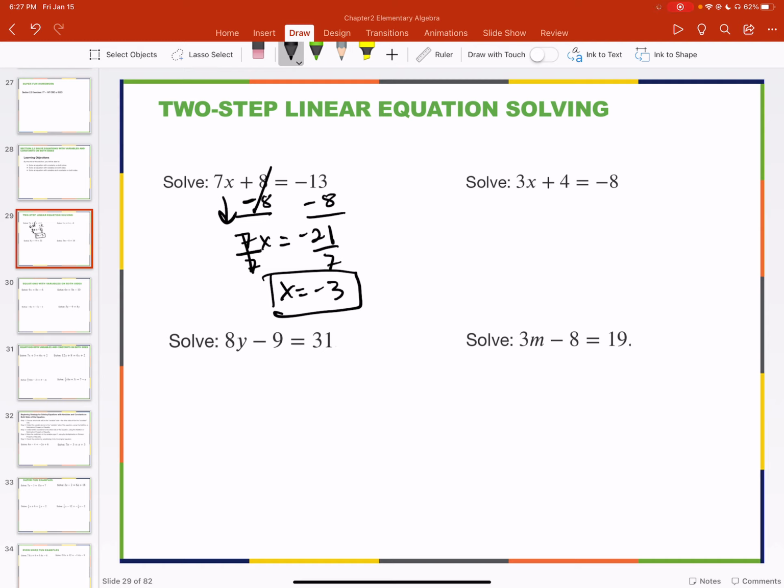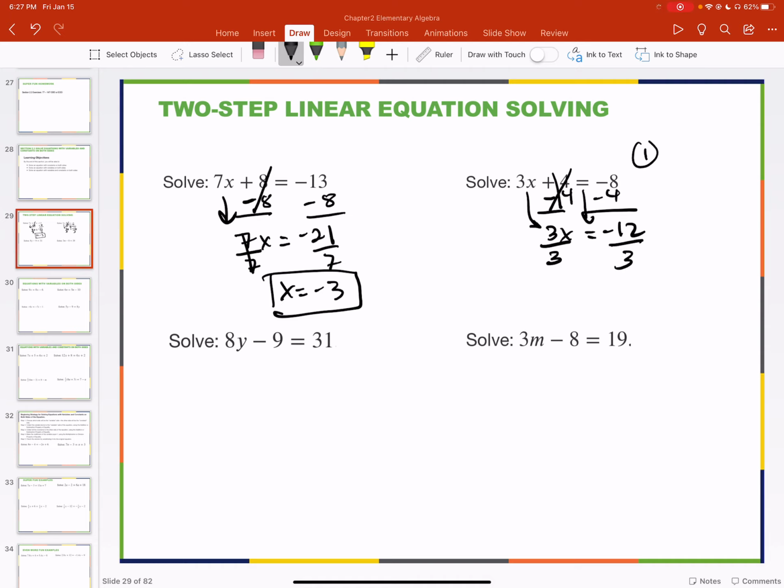Okay, so that's one. You see that's two steps. You subtract both sides and then we divide. So in this case, we get rid of the constant. We cross that out on the same side as the variable, bring this down, bring down the equal sign. Negative 8 minus 4 is negative 12, then divide. So what did we do?